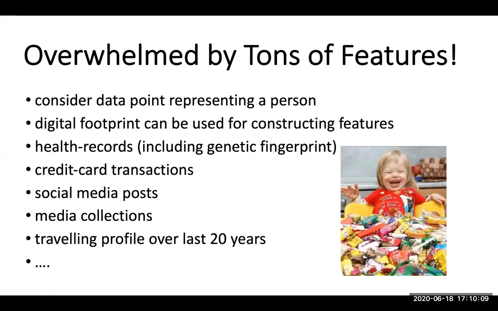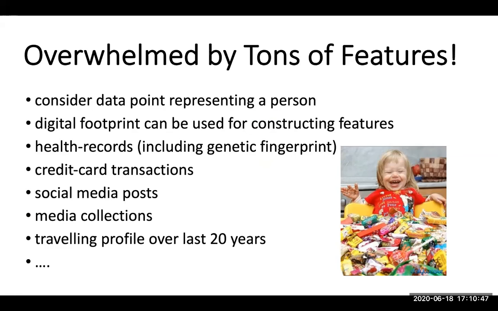And it's just one example, a movie. There are other examples: whenever you deal with humans, where one data point represents a person, we typically have way too many features, an extremely large number of features for each individual person. We have basically all health records if they're accessible, which could include the genetic fingerprint, any medical diagnosis, an EEG recording of your brain or any other part of your body.